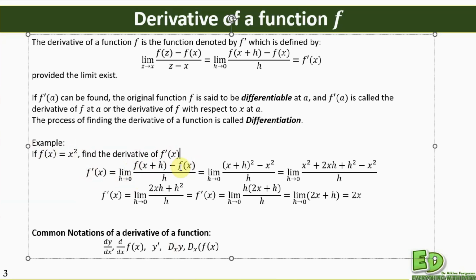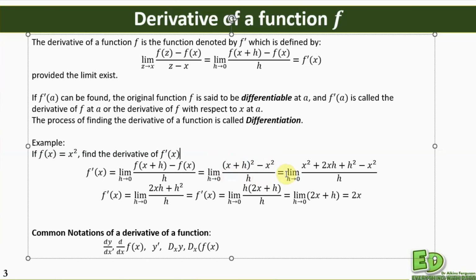You can see it here as a limit as h approaches 0. So 1 times x plus h all squared is still x plus h all squared, minus your f of x, which is x squared, all over your horizontal distance.